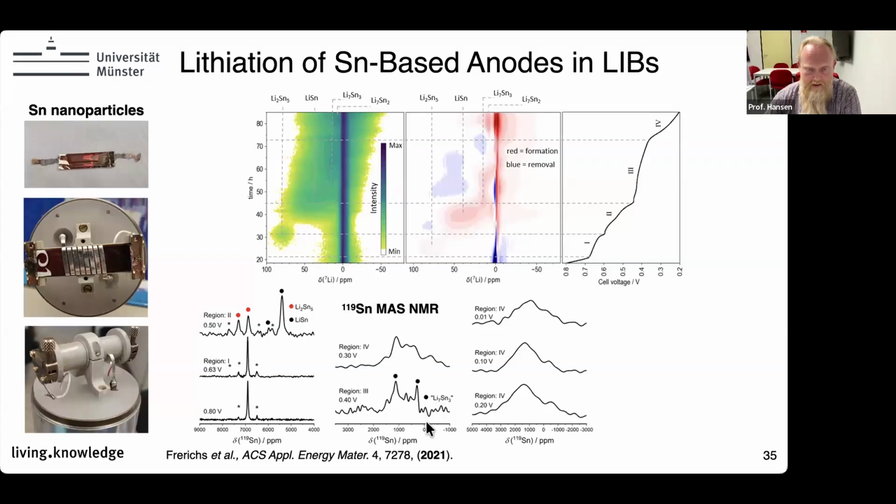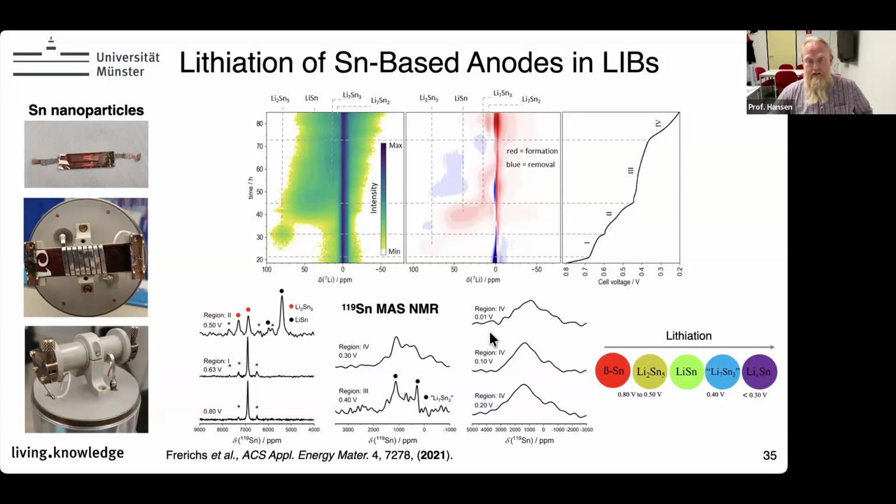We see some traces here of what we would assign to lithium-7 Sn3, just based on the shift that we observe here. But going back to this case at the very low state of charge, we basically see an extremely broad tin NMR spectrum.